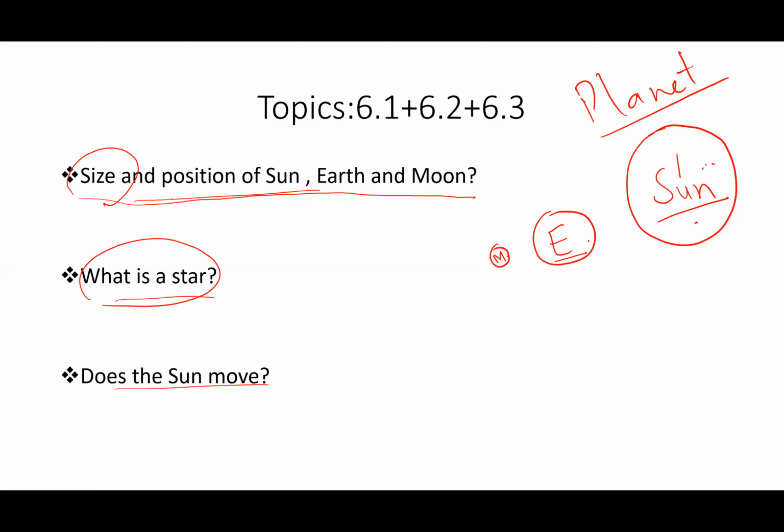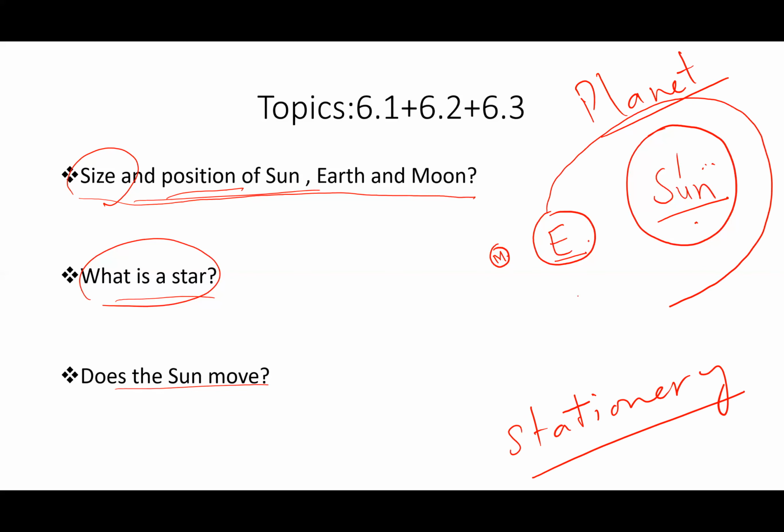Now come to the position of the Sun, Earth, and Moon. Sun is stationary. It means it doesn't move. Sun is a body which remains at its place and it does not move, while the Earth moves around the Sun.